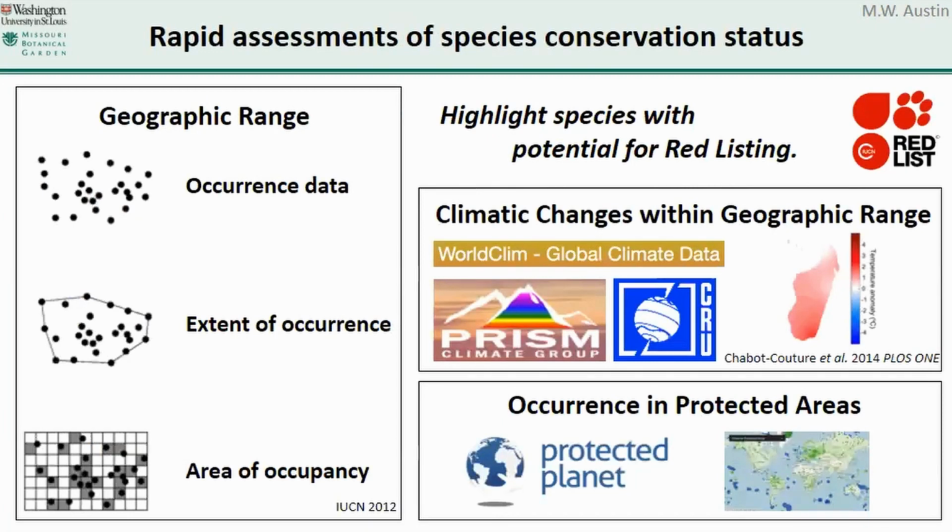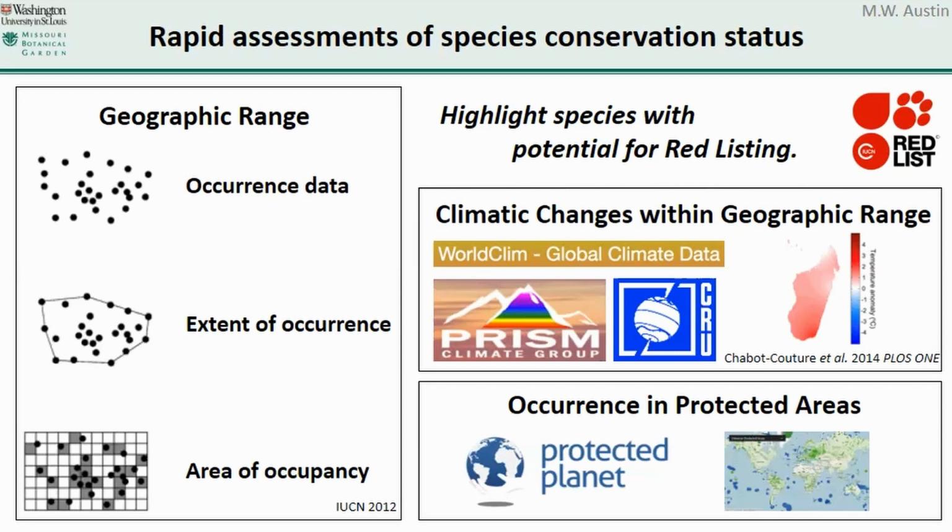So I plan to provide rapid assessments of species conservation status by developing a pipeline for using occurrence data to calculate extent of occurrence and area of occupancy, and then by pairing occurrence data with climate data, calculate climatic variability within species extent of occurrence.